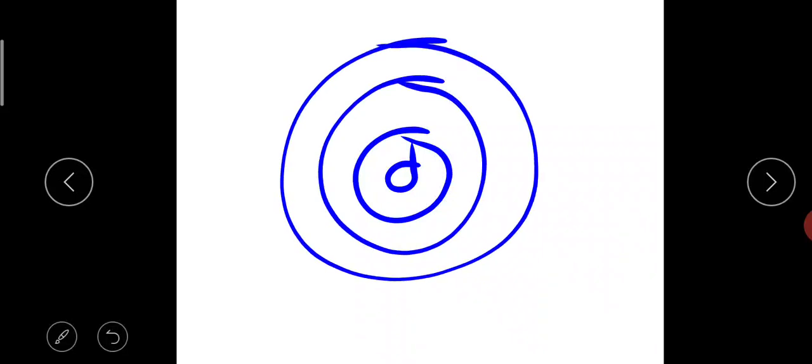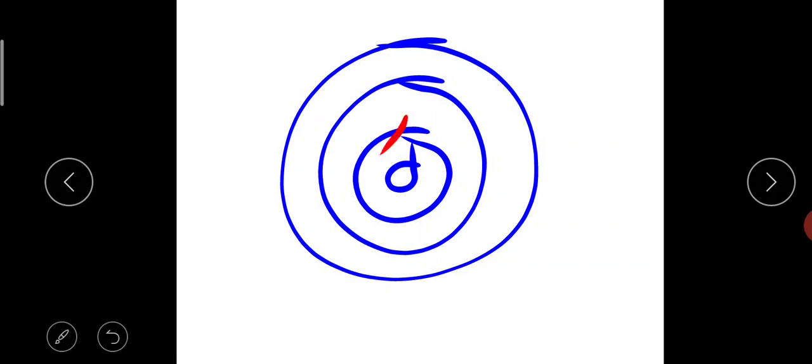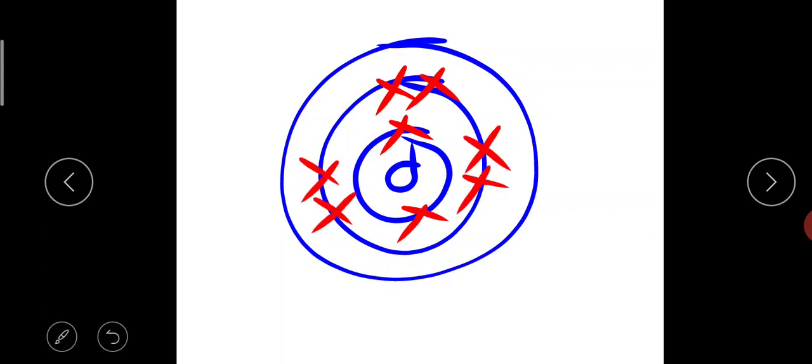By writing the electronic configuration itself we can identify how many shells it is going to have. After that let's start filling the electrons. So 2, 8, 1. Okay, 1, 2, 3, 4, 5, 6, 7, 8, and in the last shell the remaining 1 electron.